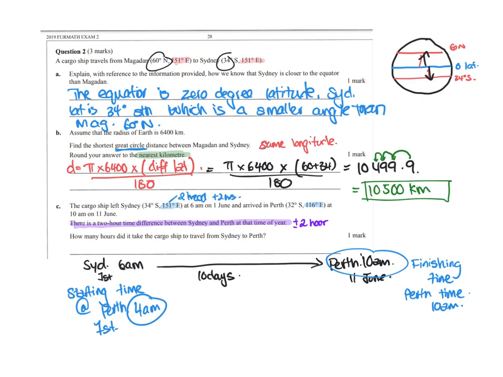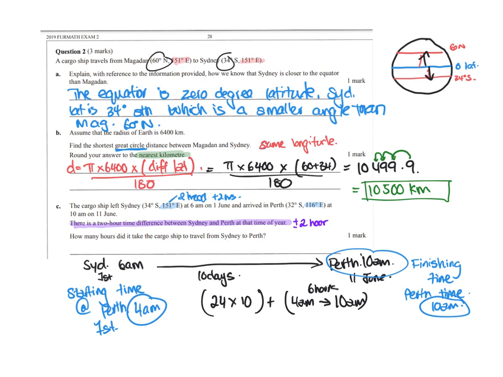So then we've got 10 days in between, and there's 24 hours in a day, so we'll do that. Plus, it's 10 days, but it's a bit extra, because that 10 days would only take us to 4 a.m. 10 days later, and it was 10 a.m. So the difference to go from 4 a.m. to 10 a.m. is another 6 hours.